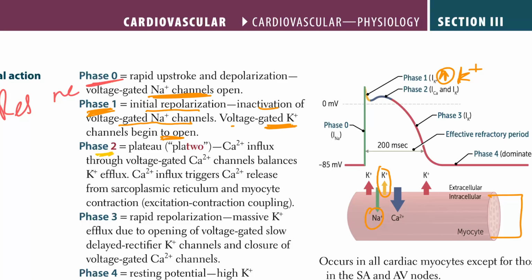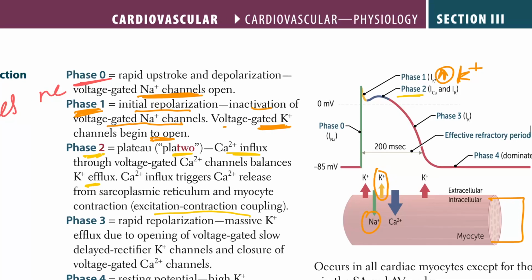Now let's talk about phase 2. Phase 2 is the plateau, as the name suggests, where calcium influx through the voltage gated calcium channel balances with the potassium efflux. Calcium influx triggers calcium release from the sarcoplasmic reticulum and myocyte contraction, which is excitation contraction coupling. So if you look here, what do they have in the brackets?